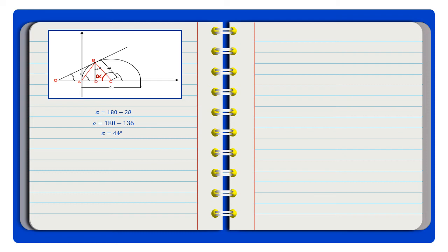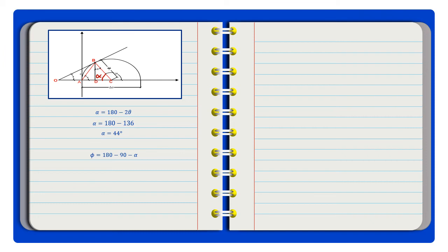Now, since meron na tayong alpha, pwede na nating gamitin si triangle BCD para makuha yung angle of internal friction na phi. So, alam natin na a triangle has an interior angle of 180 degrees. So, doing so, meron tayong equation na phi is equal to 180 minus 90 minus alpha.